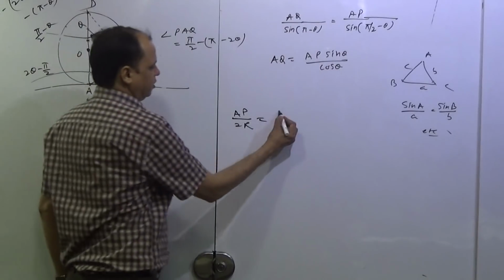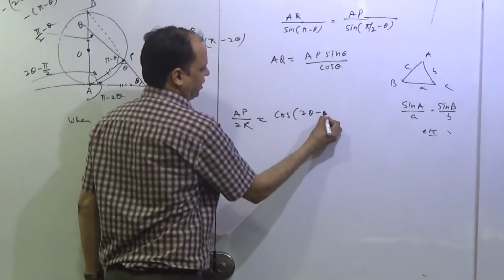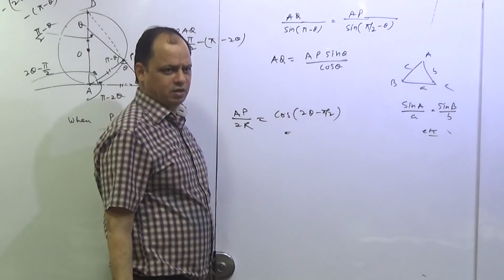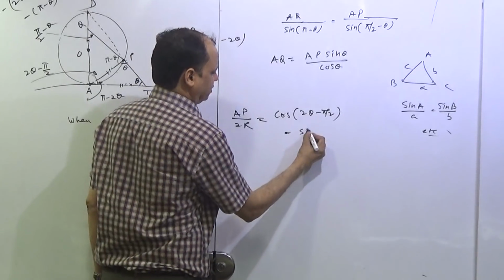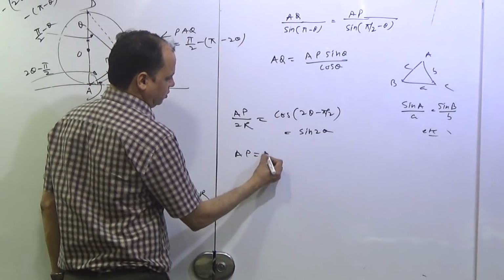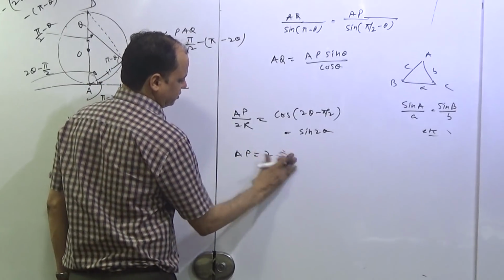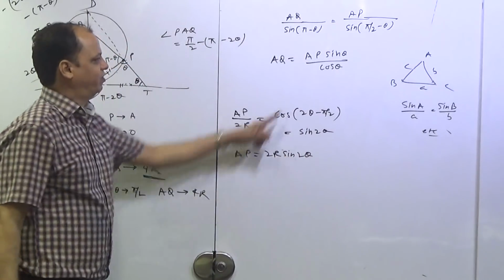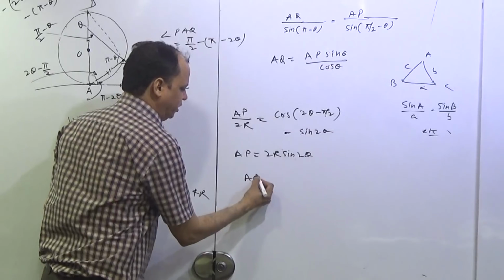It is actually cos of pi by 2 minus theta, which is sine 2 theta. So AP is equal to 2r into sine 2 theta. I will write this AP here and I will get AQ in terms of theta.